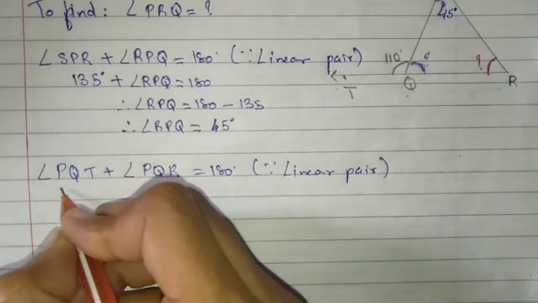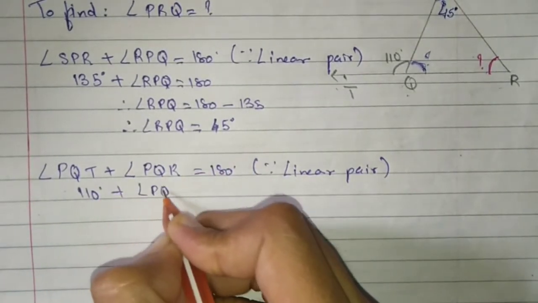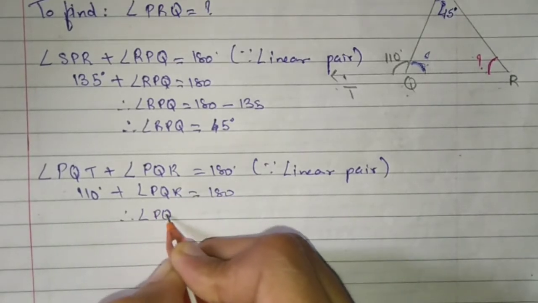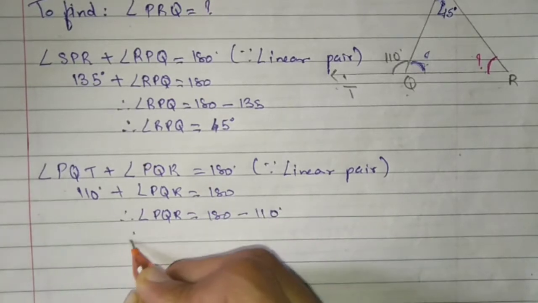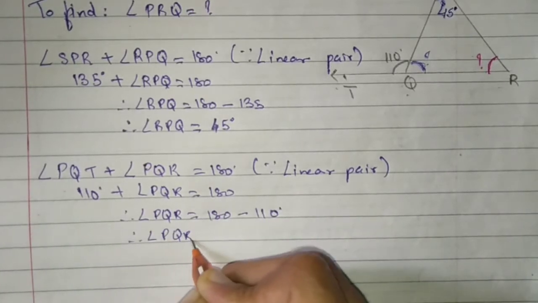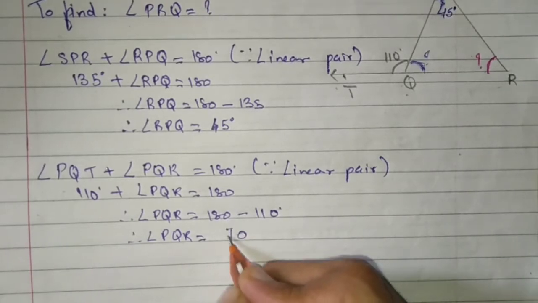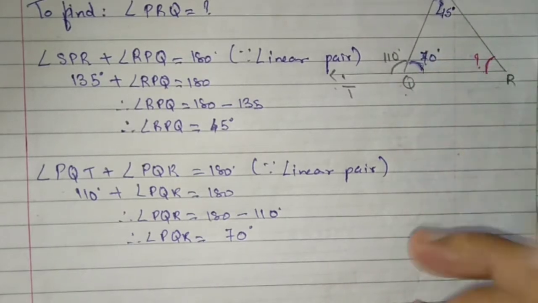Angle PQT is 110, so 110 plus angle PQR equals 180. Therefore angle PQR equals 180 minus 110, which is 70. So this is also 70.